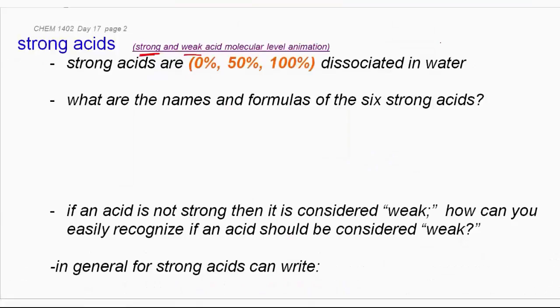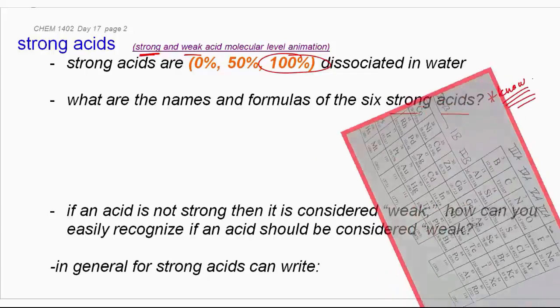Strong acids are what percent dissociated in water? 100%. What are the names and formulas of the 6 strong acids? The acids that dissociate 100% in water. Know these. It'll make your life a lot easier, believe me.